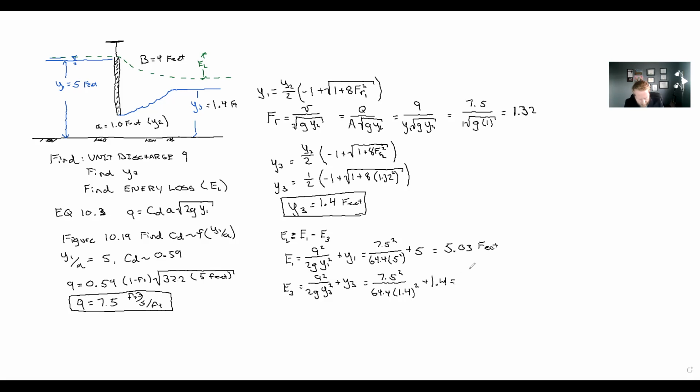And if we calculate that out, our energy is 1.84 feet. So the energy loss is the difference in energy from upstream of the gate, E1, to the energy downstream, E3. And that difference is 3.2 feet.